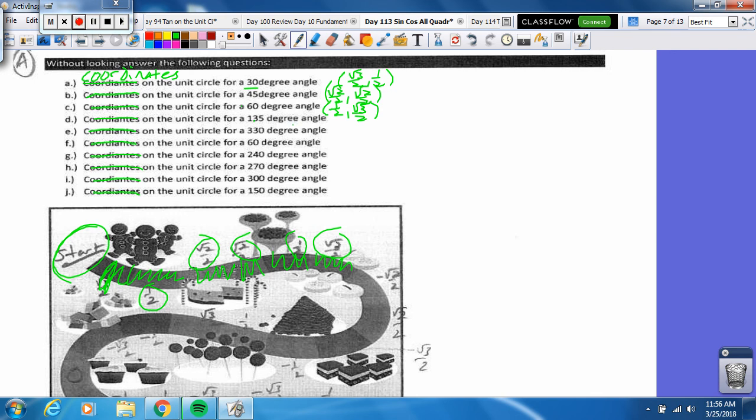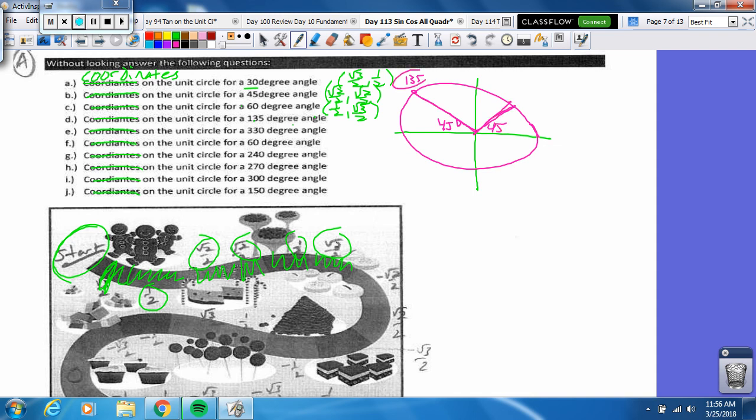I'm going to try and do this without looking. 135 angle. So if I were to draw a picture, and this is how I do it, I'm not looking at my notes to see if I can do it. 135 is right here, and I know that this is a 45-degree reference angle. And so if I have my unit circle here, that would mean that this is the same as that, 45 degrees.